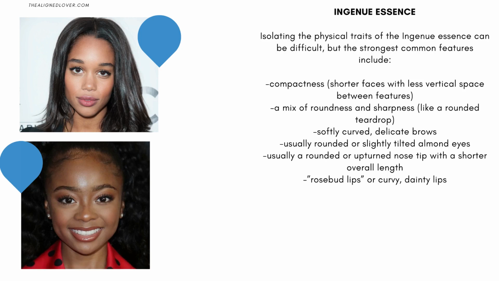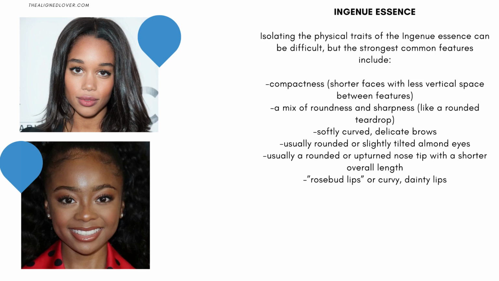The Ingenue is quite different in appearance, though they do share that sense of compactness, so a shorter face with features taking up much more room. They also have that roundness, but they have more of a tapering, more of a sharpness. You can see it sometimes in their chins, a bit of their cheekbones sometimes.